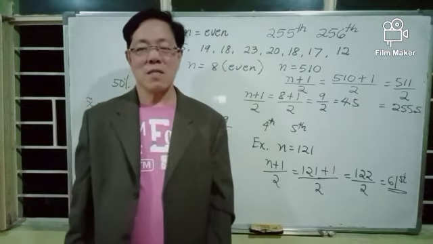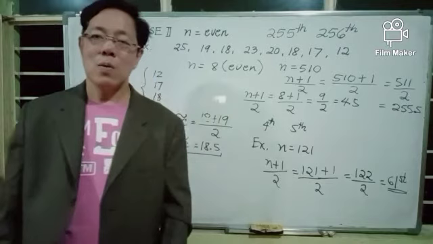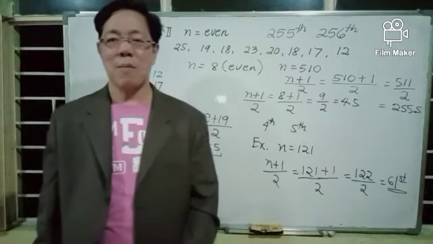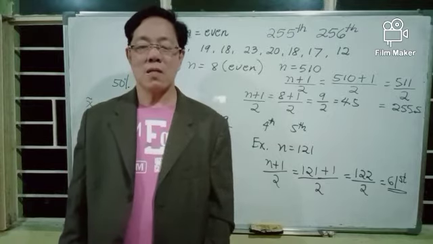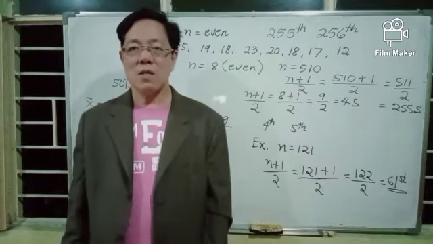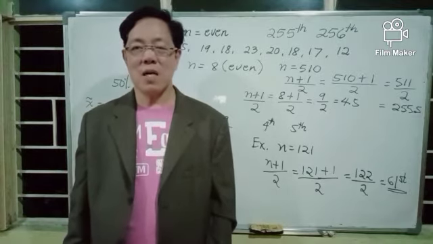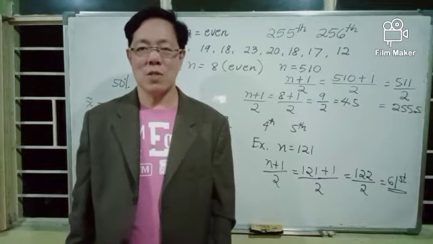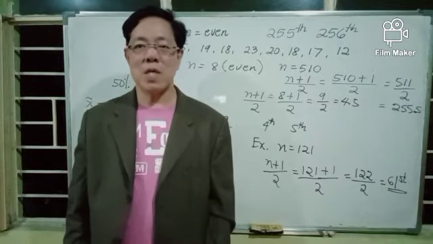Take the greatest whole number less than that decimal number and the smallest whole number greater than that decimal number. And those two numbers are the scores that are in the middle of the distribution of even number of data arranged in ascending or descending order. And the median is the mean of these two middle values.